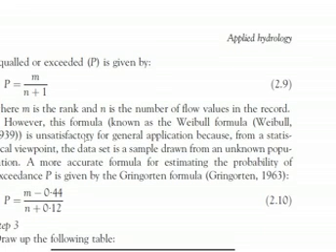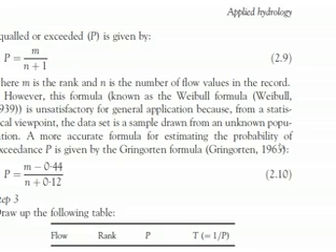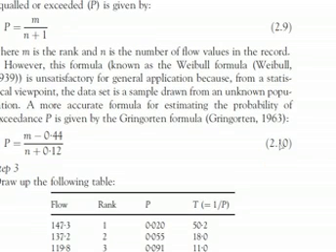But statistical theory will tell us that this simple formula is not satisfactory, because we don't know the total population. This is only 28 years out of clearly a very large number of potential years. And so we can update that formula a little bit. And Gringorten did that in 1963. And so we use this modified version of the Weibull formula.